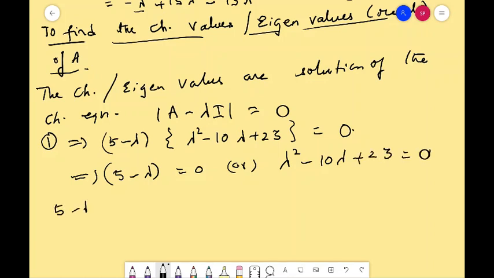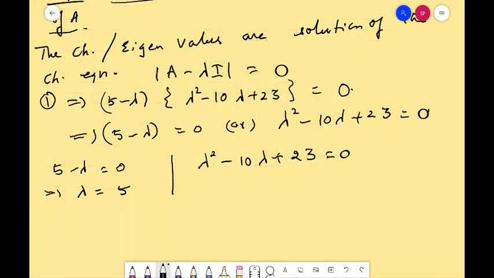Now 5 minus lambda is equal to 0 implies lambda is equal to 5, and then lambda square minus 10 lambda plus 23 is equal to 0. This you cannot split, because here you have a prime number 23. You can't split this and factorize. The only thing I can do is find the roots.